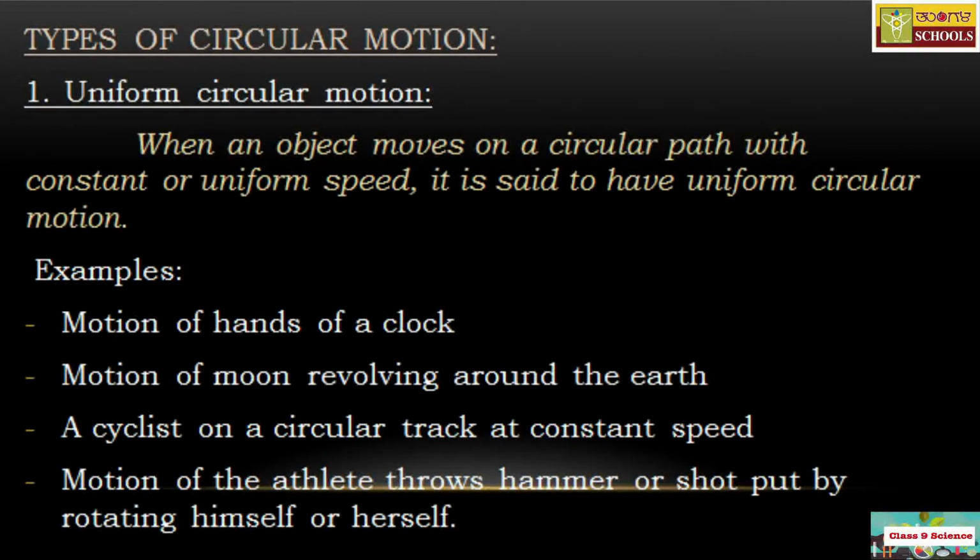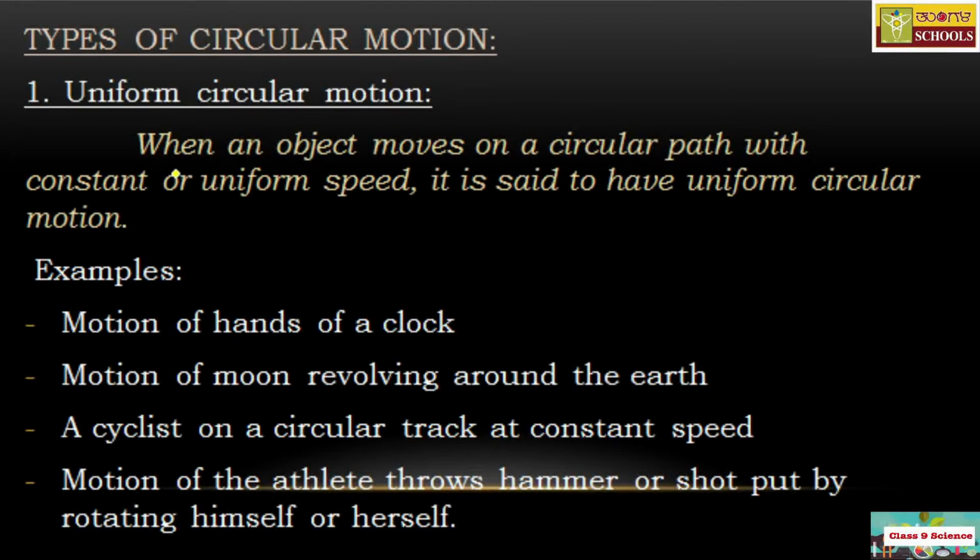Now we have different types of circular motion. There are two types: one is uniform circular motion and the other is non-uniform circular motion. Let us try to understand what uniform circular motion means.